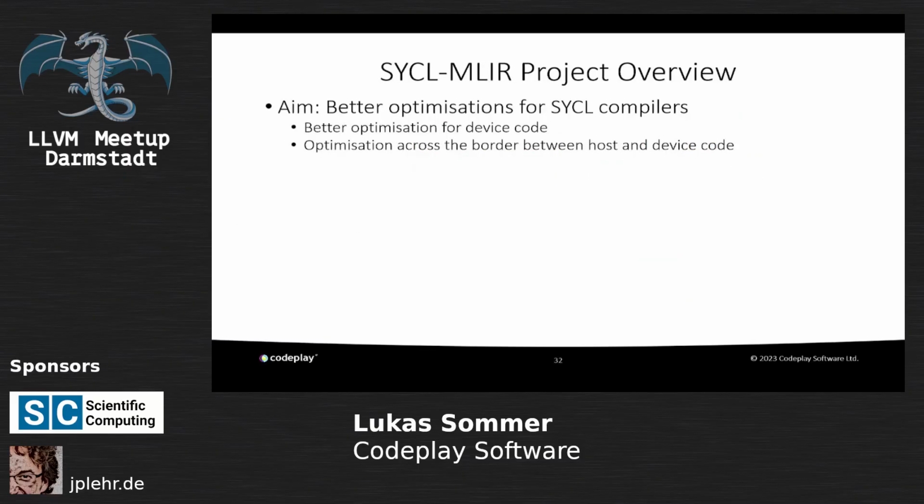And that's why we're working on a project that we call SYCL MLIR. The very broad aim is to have better optimizations for SYCL, better optimizations for the device code.